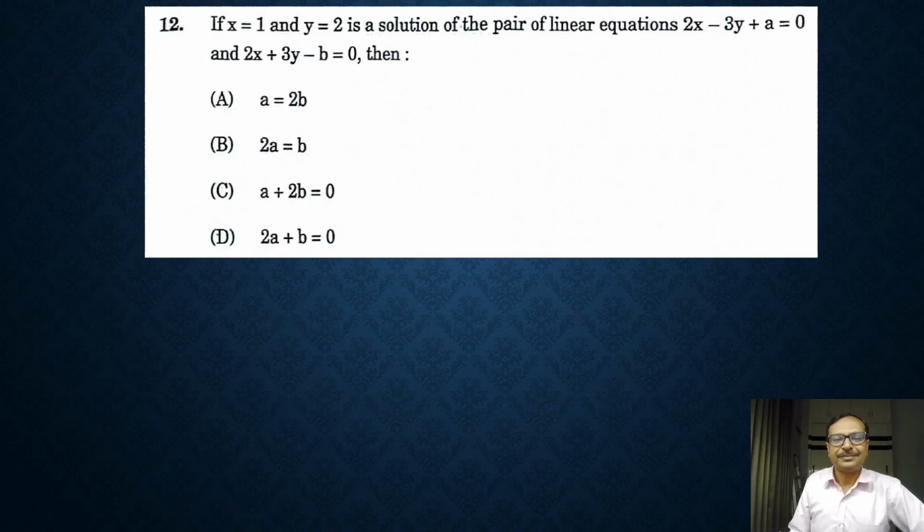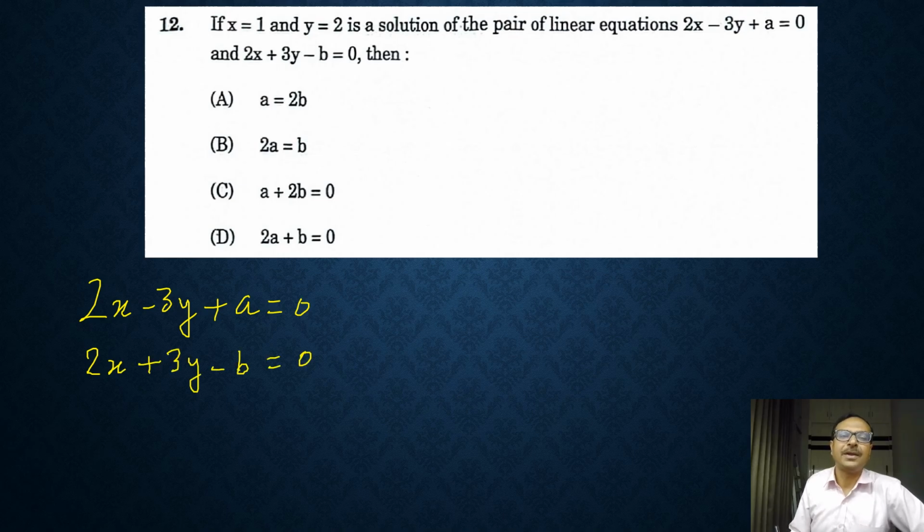Question 12. We have an equation there, 2x minus 3y plus a equal to 0, and then we have 2x plus 3y minus b equal to 0. Now there is a solution which is given there, x equal to 1 and y equal to 2. Let's put it here, x equal to 1, y equal to 2.